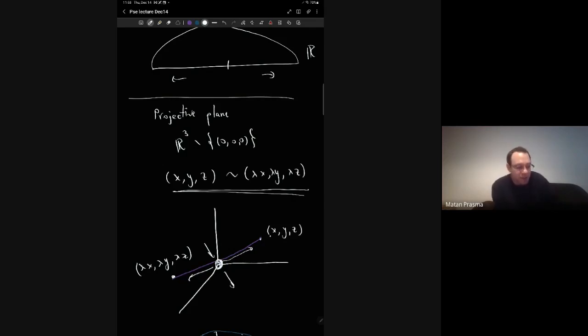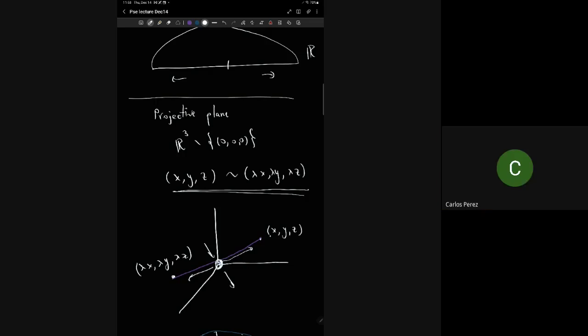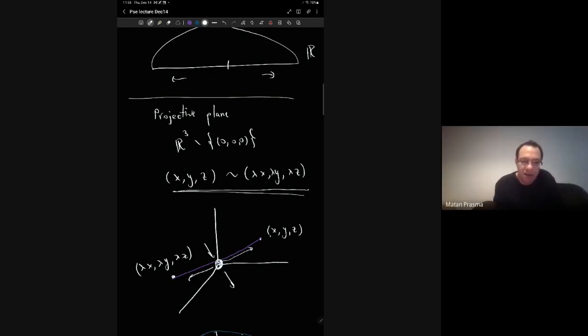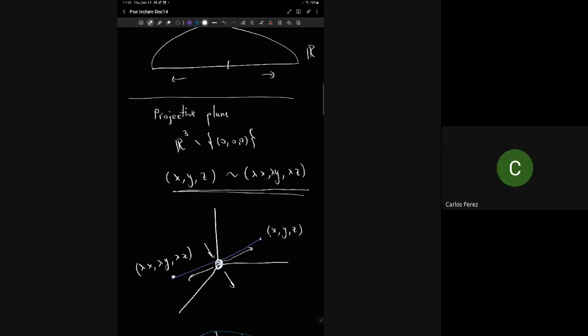What will happen is that on the formal level, you will not be able to define an equivalence relation via this formula if you have the 0. You will have a violation of the axioms of equivalence relation, because you will have an element that is linearly independent from the rest.